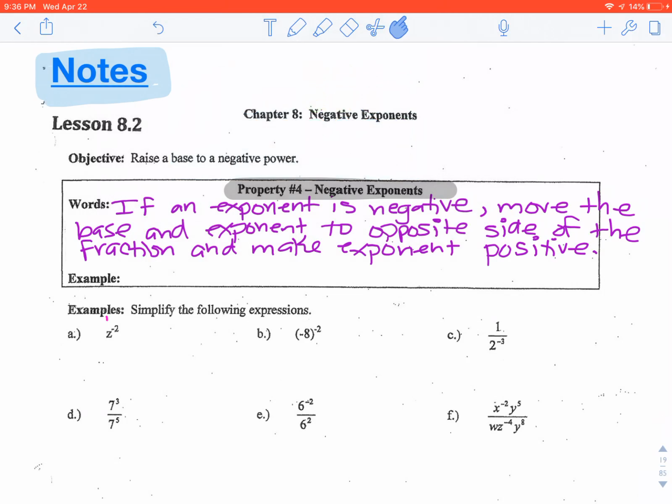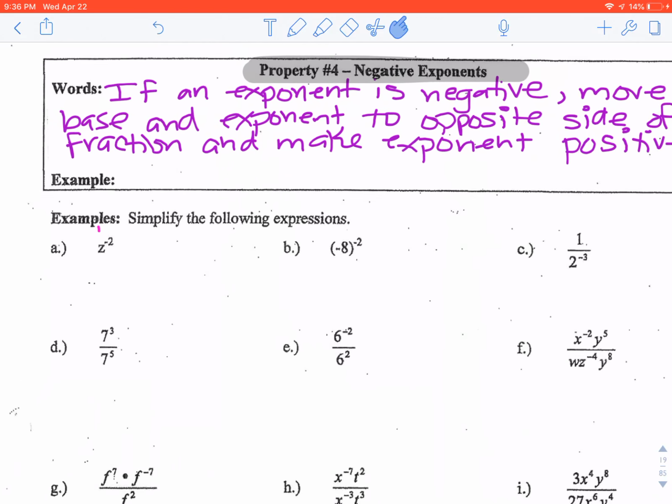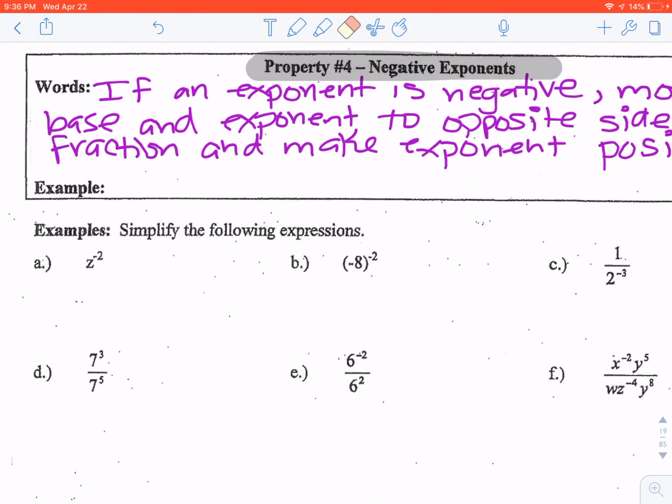If you need to pause the video to write that down, go ahead and pause. Okay, a basic example that we'll go through first is x to the negative fourth. The first thing you want to do is make it into a fraction, so put it over 1.